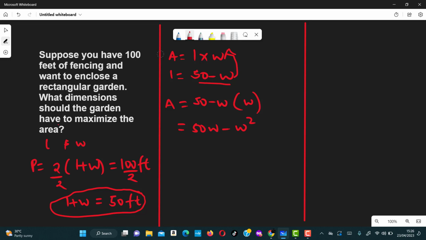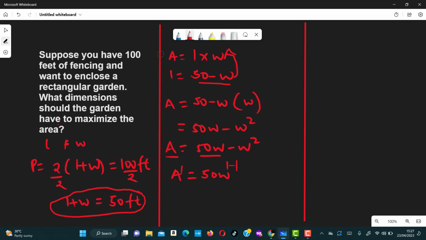Now we have a function for the area. We can take its derivative and set it equal to 0. That means the area is 50W minus W squared. The derivative of A, A prime, is the same as 50. First of all, how do you find the derivative of 50W? What we do is reduce the power of W by 1.